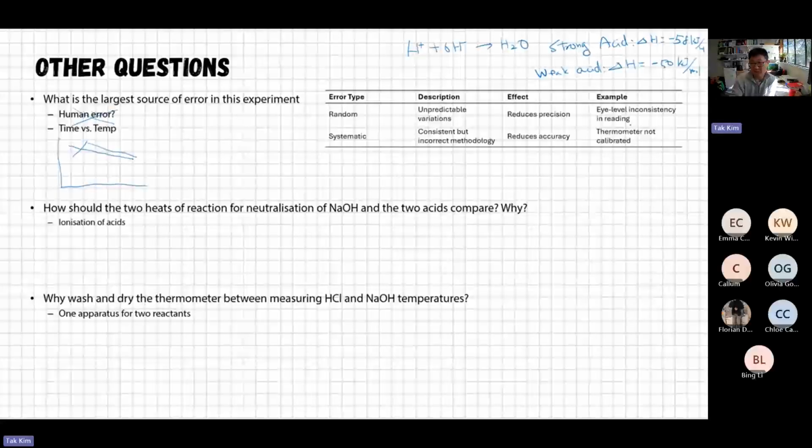So if that's the case, say you say delta H ends up like 70 kilojoules or more, and it is obviously incorrect, right?